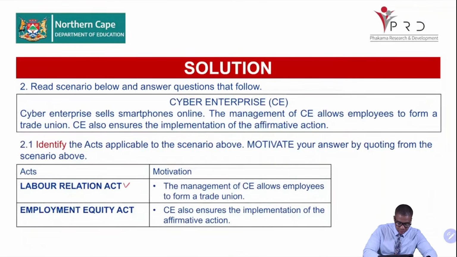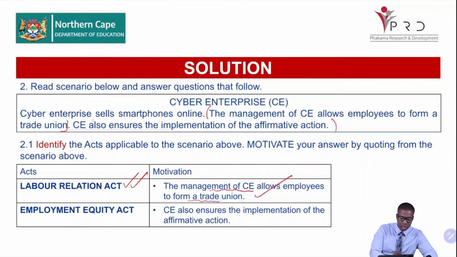So yes, I'm correct. 2 marks would be for Labor Relations, and they say motivate your answer by quoting. How do you quote? You take from the scenario the entire sentence as it is until the full stop. So let's check. The management of CE allows employees to form a trade union. That is correct. Then employment equity, yes, that's correct as well.